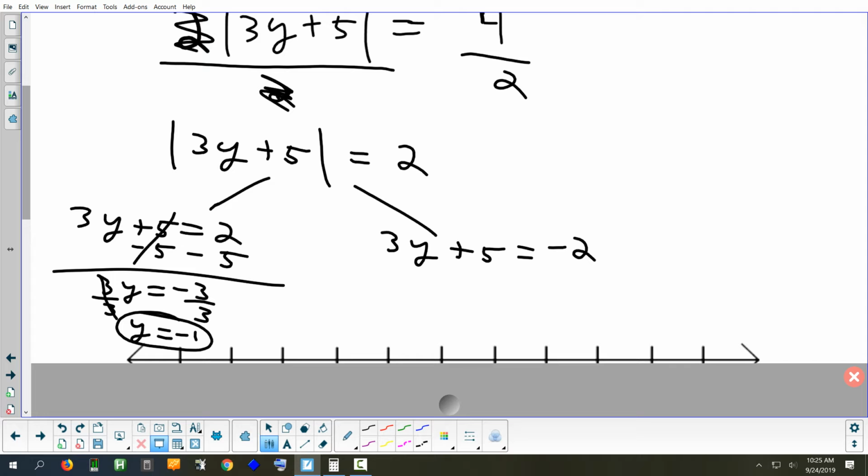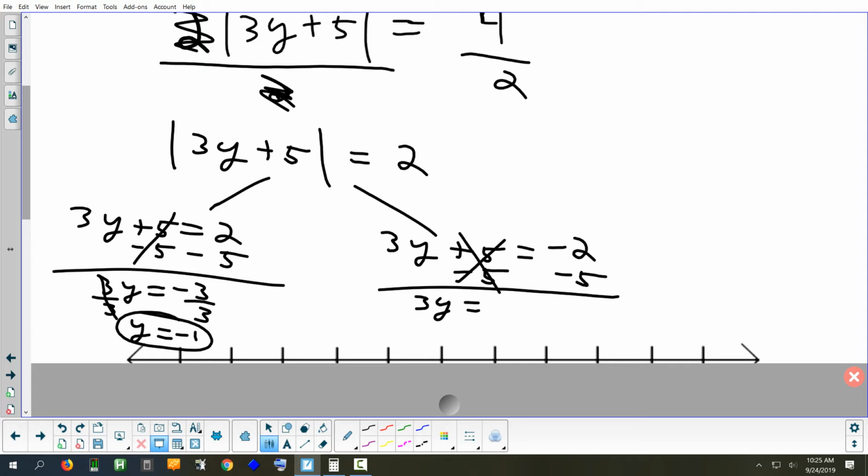My second one, what's my first step? Do the minus 5, and where else? Under the negative 2. Plus 5 minus 5 is gone. What's negative 2 minus 5?